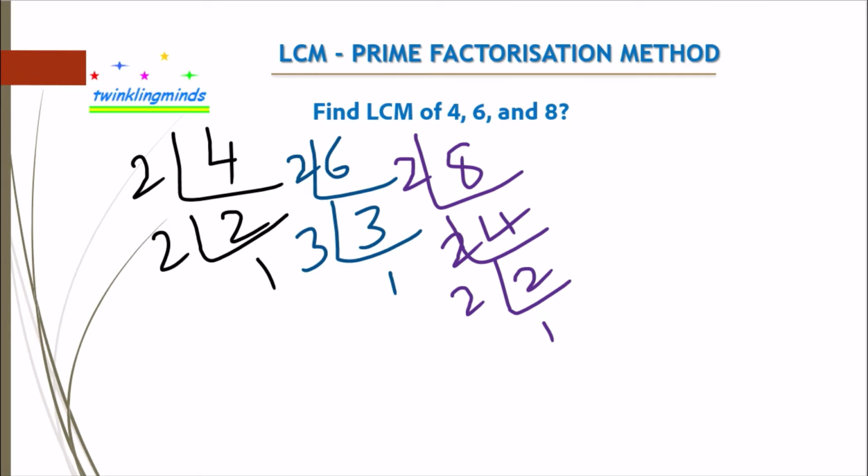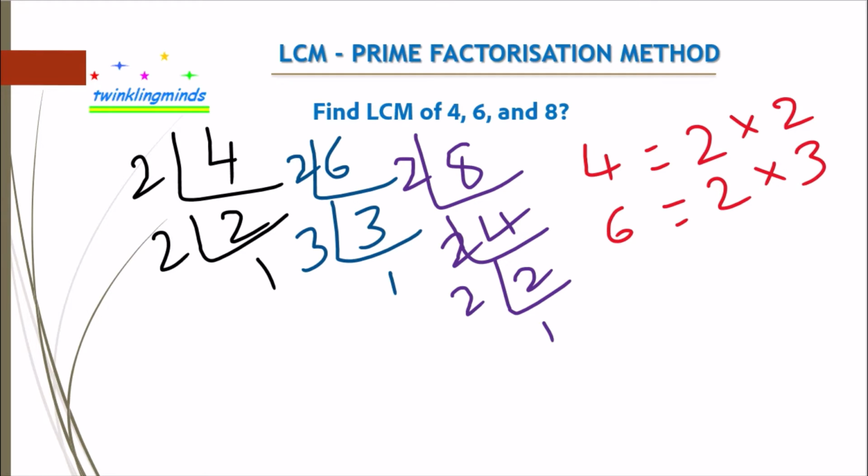Now let us find the LCM of these three numbers. So 4, what are the factors? We got prime factors 2 multiplied by 2. For 6, what we have got, 2 multiplied by 3.